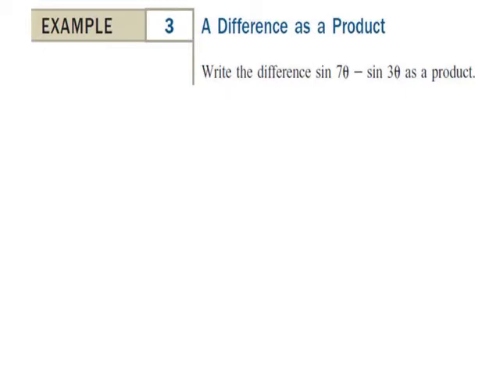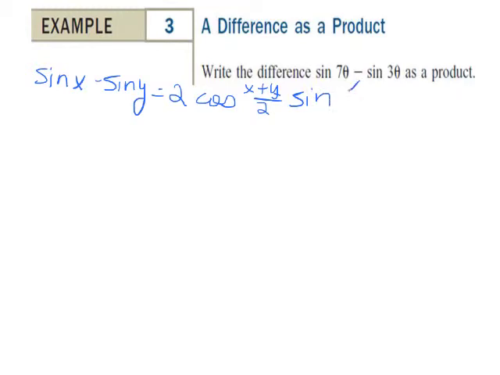So what we're going to use is sine x minus sine y, which is equal to 2 cosine x plus y over 2 sine x minus y over 2. But what we have is the sine of 7 theta minus the sine of 3 theta.